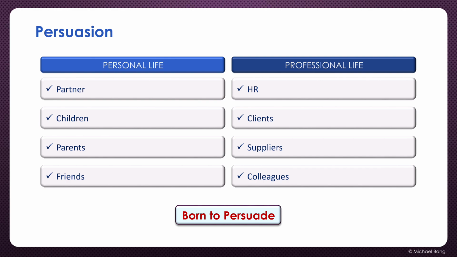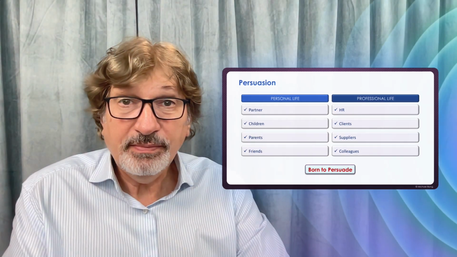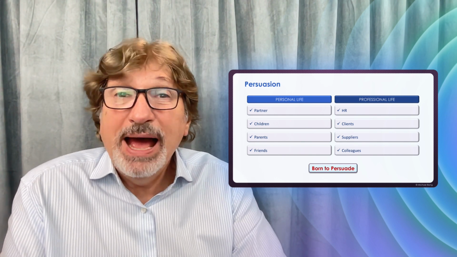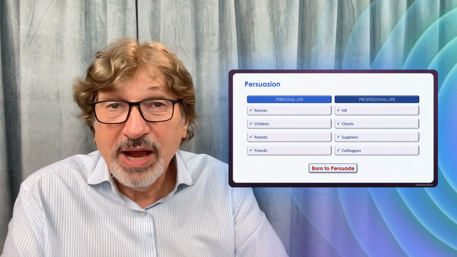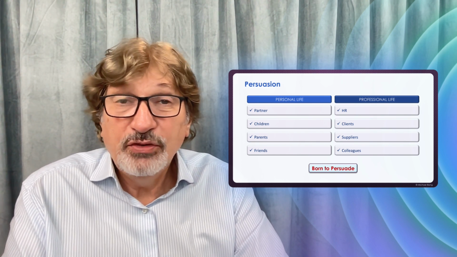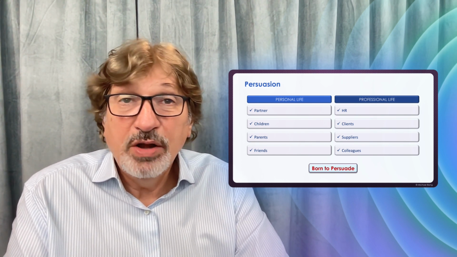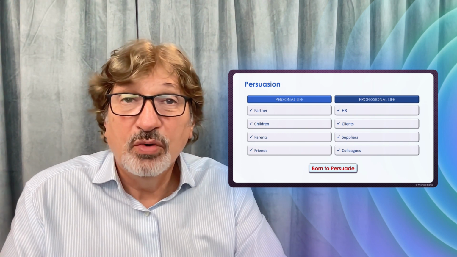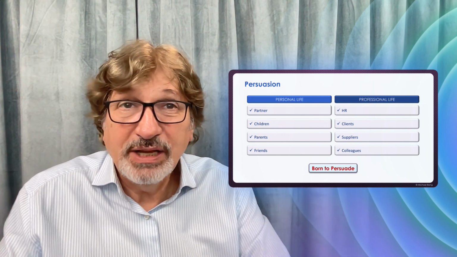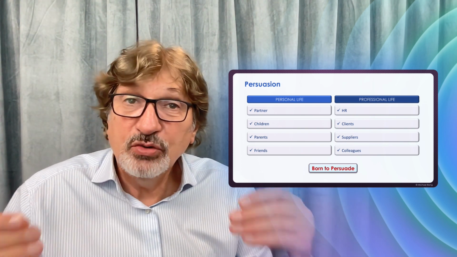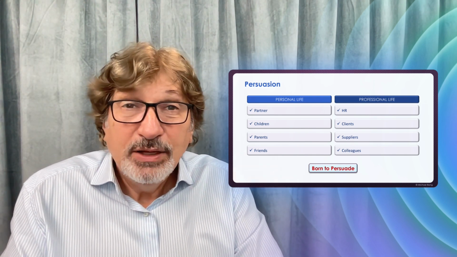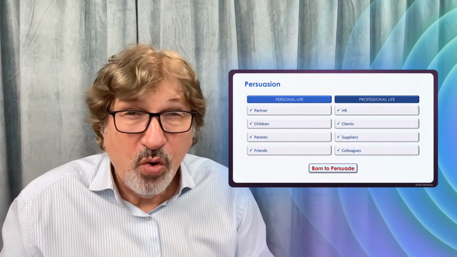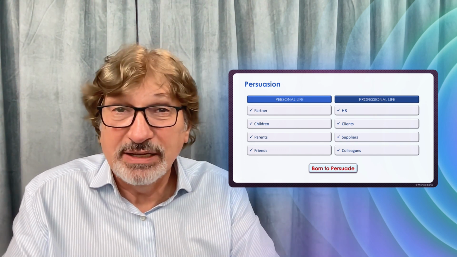Let's say if you are a wife, for example, maybe you want your husband to buy you some nice present, a new diamond ring, or maybe you want a new car, etc. Or if you're the husband, maybe you want your wife to do something for you or to make your favorite activities, whatever that is. But you need to persuade your partner. With your children, you need to persuade them to negotiate so many things with your kids.